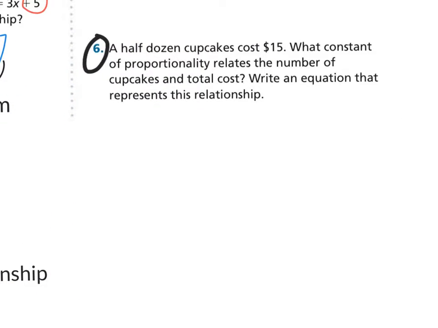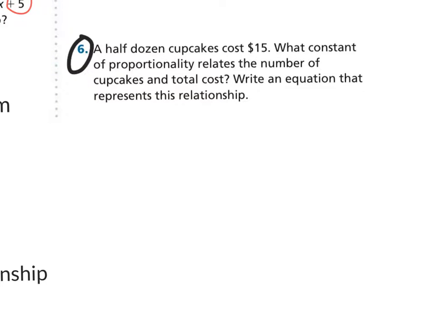Alright, we look at number 6. Half dozen cupcakes cost $15. What constant of proportionality relates the number of cupcakes and total costs? And they want us to write an equation. So basically what we want to do is figure out our unit rate.